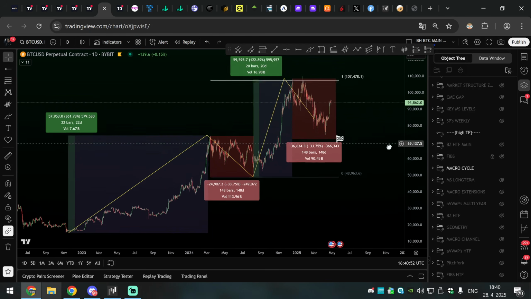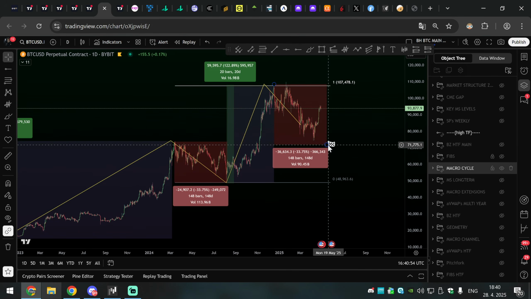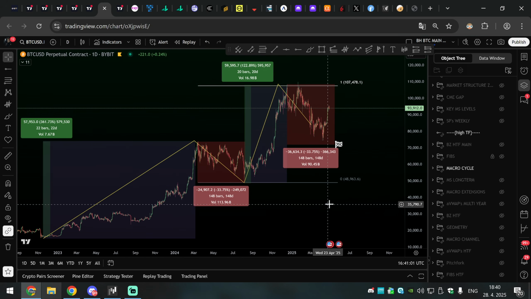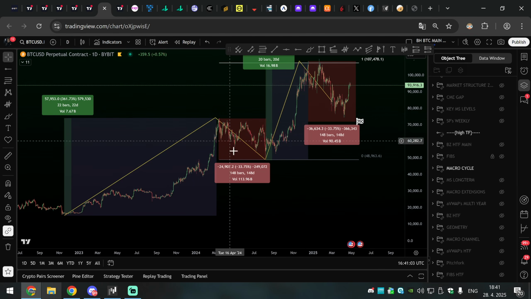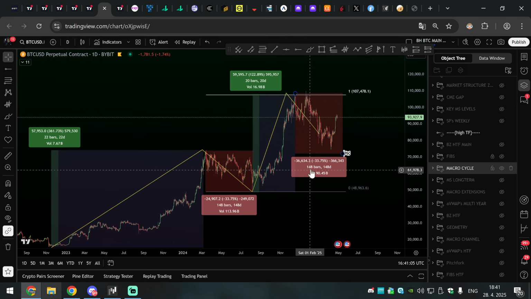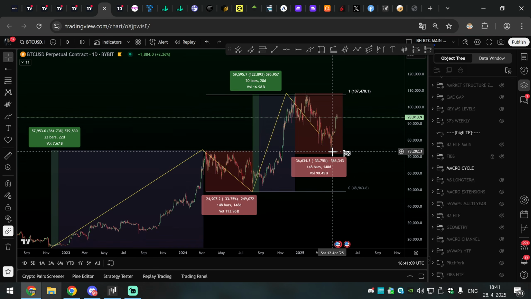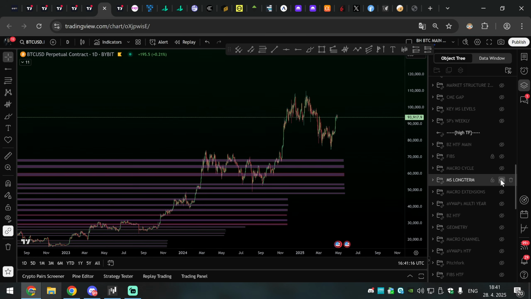And this macro cycle, also this pullback just front ran by $2,000 on Bitcoin. A similar pullback we had here of 33%, and again 33% would be met here. But people started buying Bitcoin already after a 30% dip. Yeah, so it is what it is.